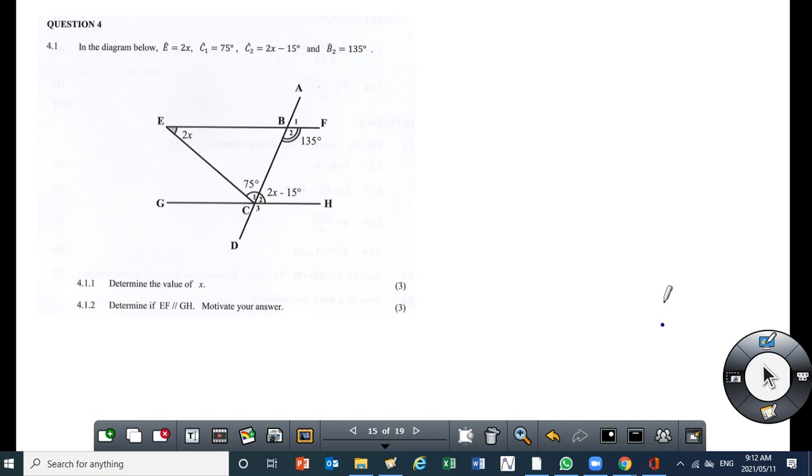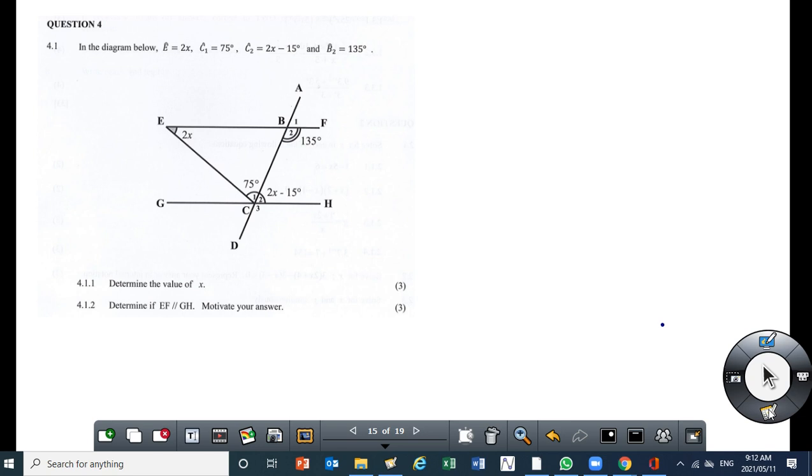So first thing, we need to find the value of x. So here, in this diagram, unfortunately, there is a mistake in the diagram, right? Or rather, I would say it's not a mistake, it's because 4.1.2 says determine if EF is parallel to GH.